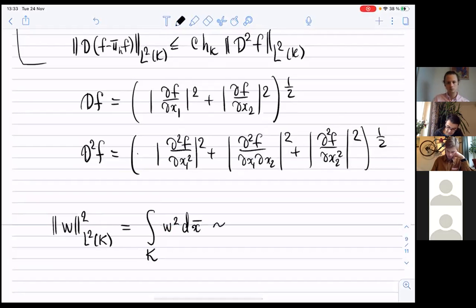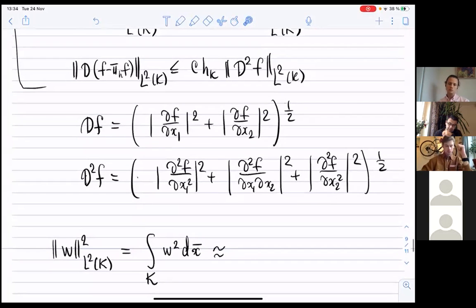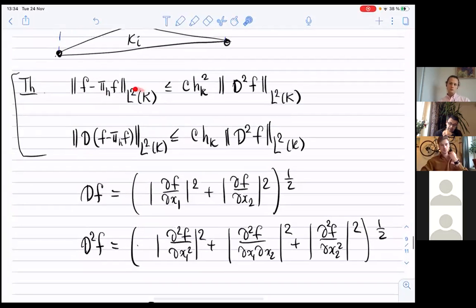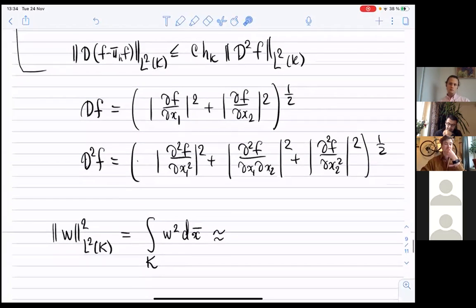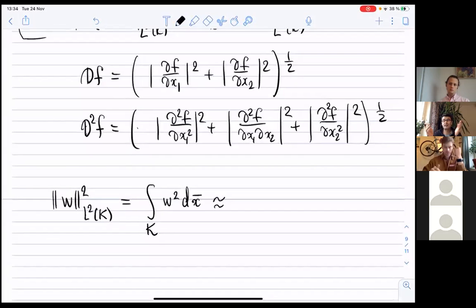So in practice, in finite element, all the matrices are integrals. We have to calculate integrals. The elements are integrals. The right-hand side is an integral. Now the error here is also an integral. This L2 norm is an integral. So in practice, there will be a lot of integrals we have to compute.